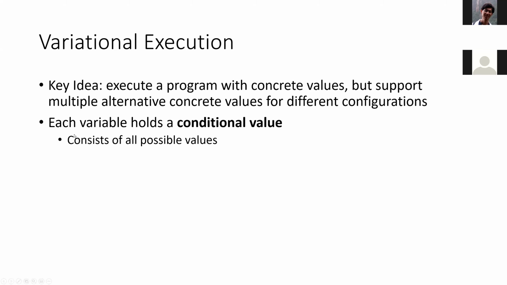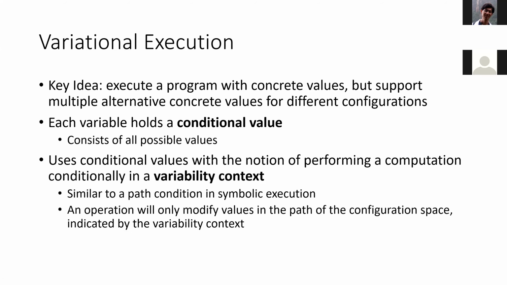They do this by making each variable hold a conditional value, which consists of all possible values for that variable. We'll go through a small example later. Then, using conditional values, we perform a computation conditionally in a variability context. This is more related to what happens when there are branches.